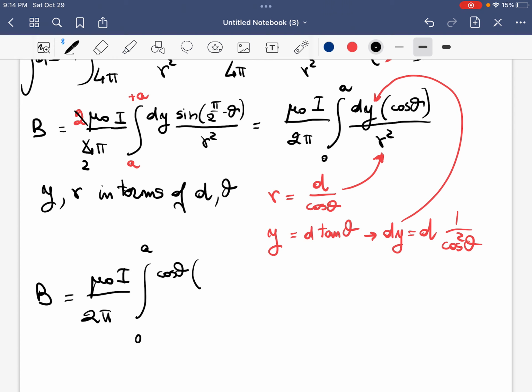Then I'm substituting the differential dy with the distance d divided by cosine squared theta, divided by the distance d squared over cosine squared theta, and here I also have d theta.